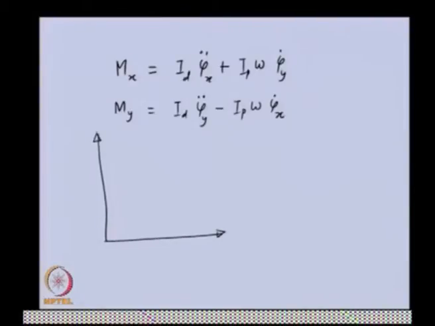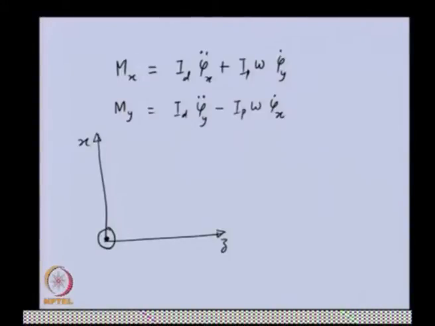So, if I take the free body diagram, let us say, of the disc in one of the planes, the zx plane, in which the y axis is perpendicular to the screen and coming outside the screen.